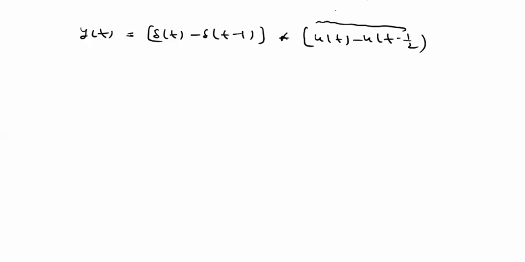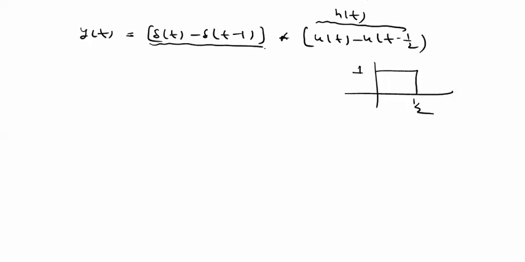This term is h(t), the impulse response of the filter given to us, drawn with amplitude 1.5, and this is the input applied. If the input applied is an impulse, we get the impulse response in any case.